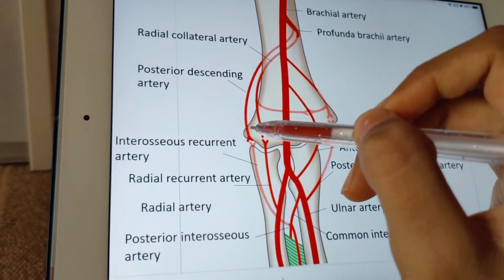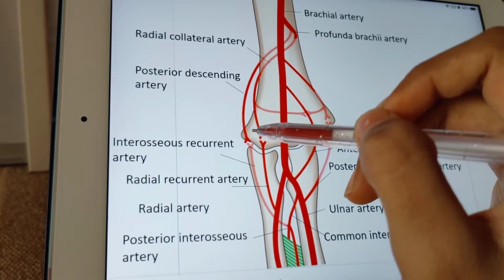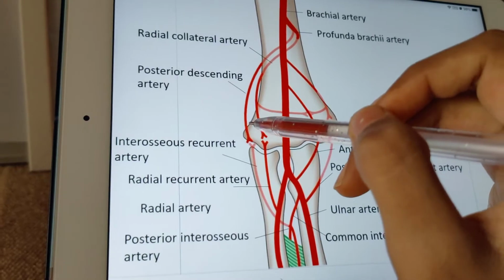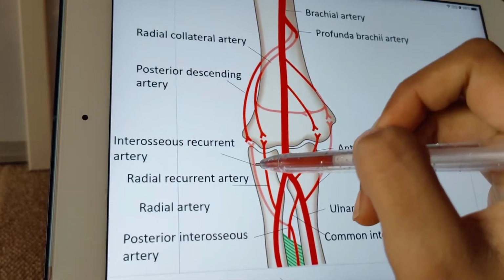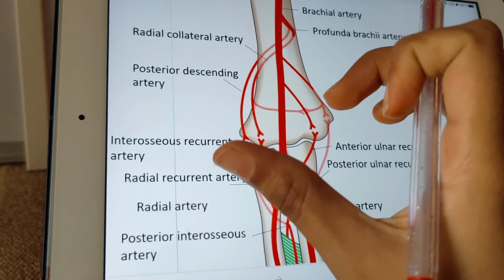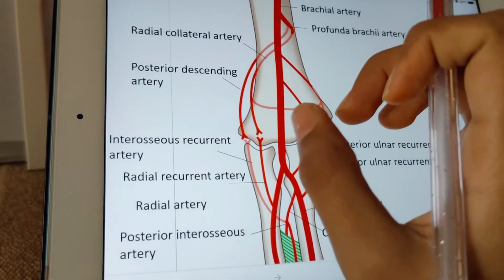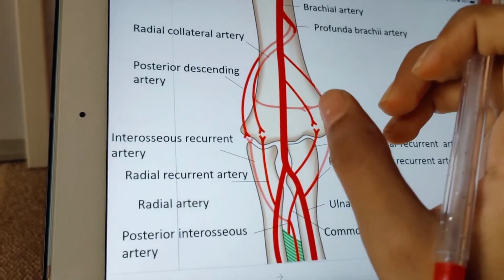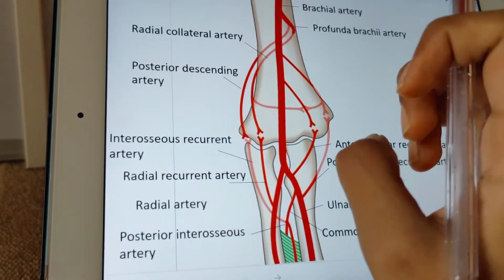This is the largest terminal branch, descending in the substance of the medial head of triceps, and ends by anastomosing with the interosseous recurrent artery. For this I already gave a mnemonic, that is SIMR with PAIR, meaning SIMR will pair with PAIR.